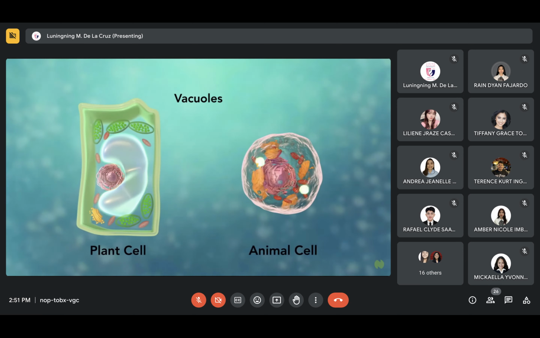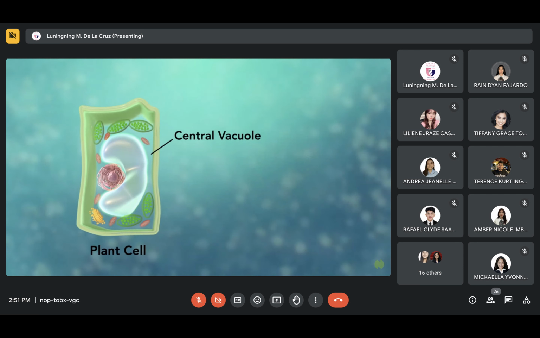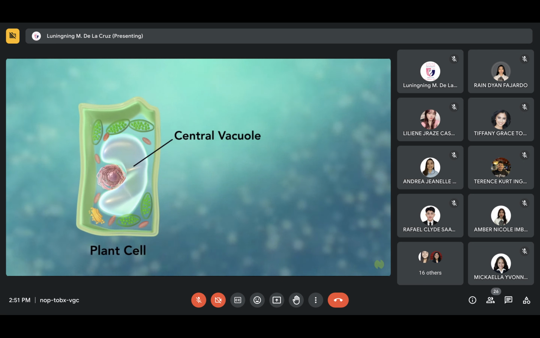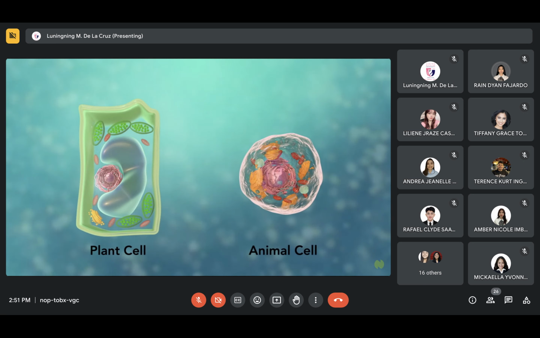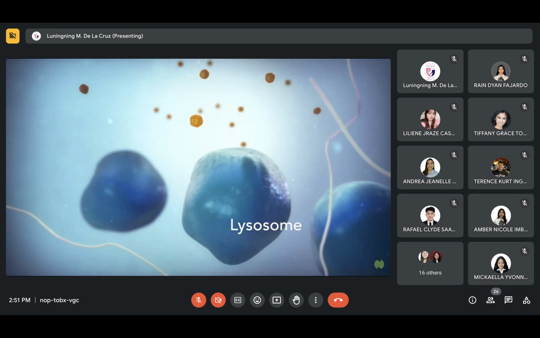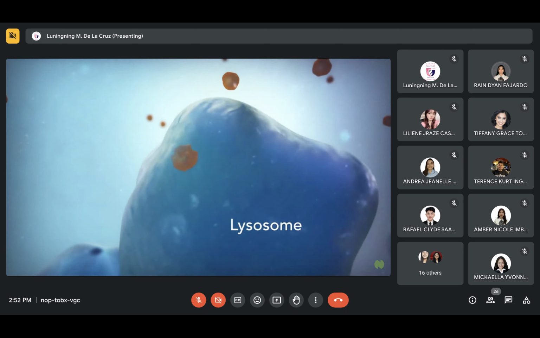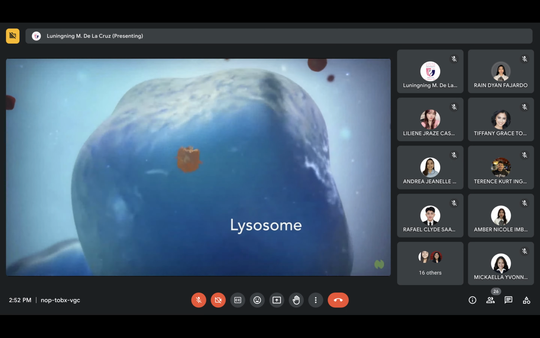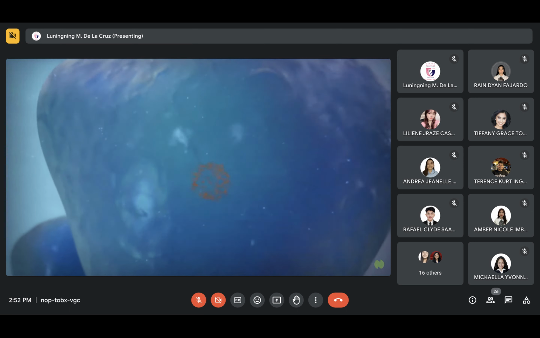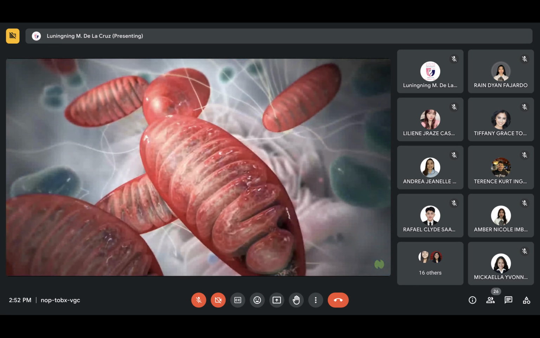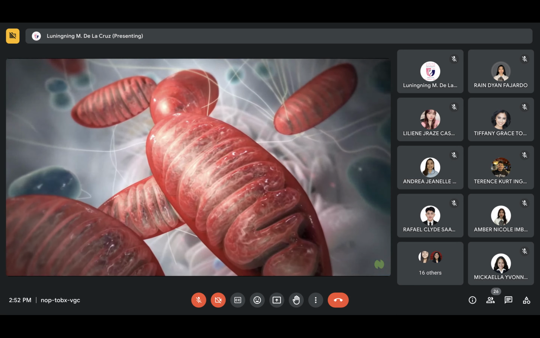Vacuoles are sac-like structures that store different materials. Here, in this plant cell, the central vacuole stores water. Going back to the animal cell, you will see an organelle called a lysosome. Lysosomes are the garbage collectors that take in damaged or worn-out cell parts. They are filled with enzymes that break down this cellular debris. The mitochondrion is an organelle that is the powerhouse for both animal and plant cells.